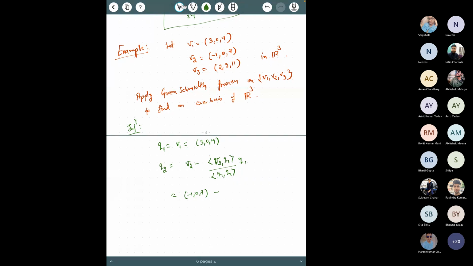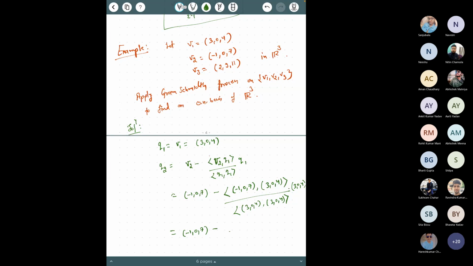And then Q1 is (3, 0, 4). Then you divide it by the length of Q1. And then whatever factor you get, you multiply with this (3, 0, 4).